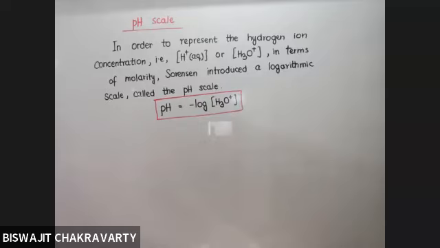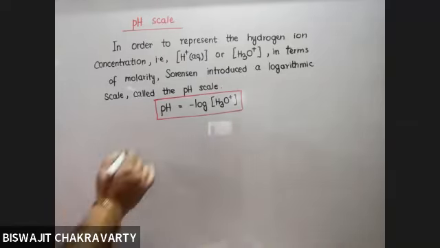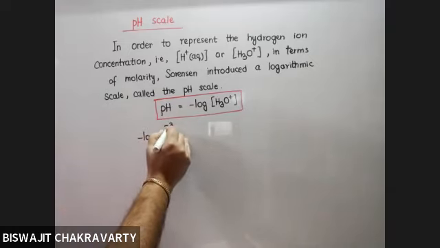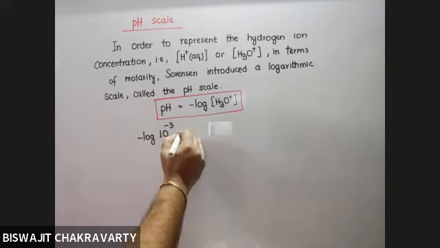Now, why we are introducing minus log in front of H3O plus? So that whatever exponential values, 10 raised to the power negative value, when you put minus log of something in front of it, then it is converted to a simple number. Say for example, minus log of 10 to the power minus 3. What is it?